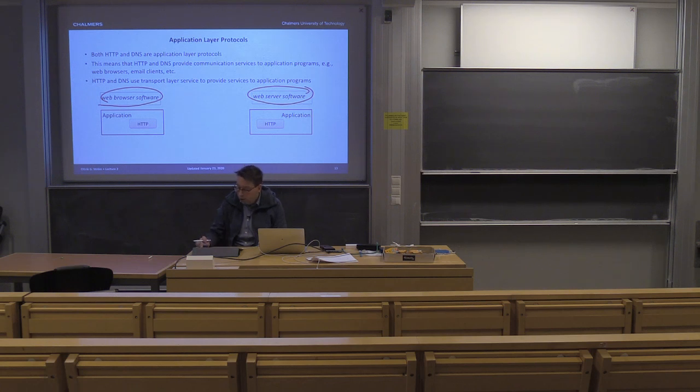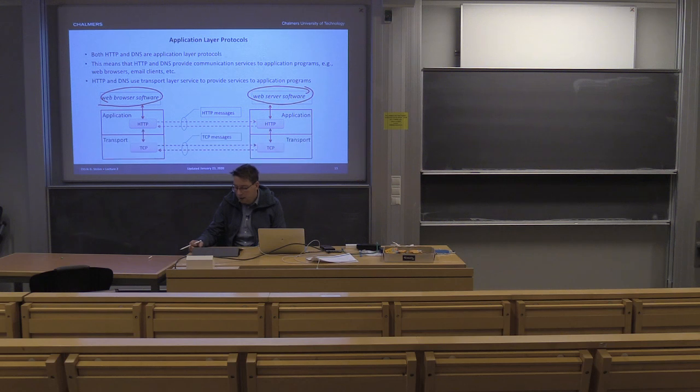They use the application layer protocols to do this. So for instance, the web browser uses HTTP and sends HTTP messages to the web server software, and it goes back and forth like this. This provides useful services to the browser and to the server.